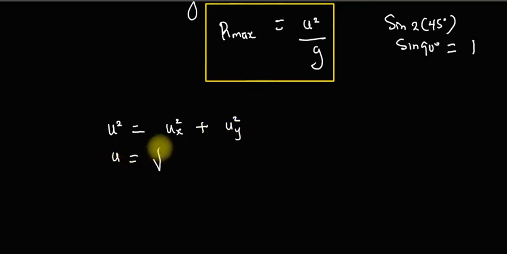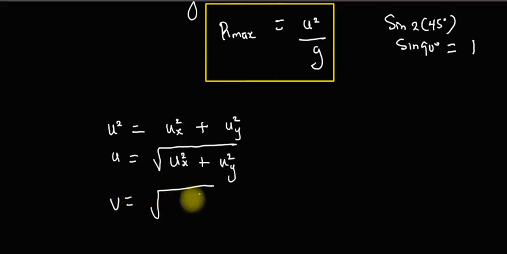So the resultant is given by the square root of the sum of ux squared plus uy squared. Similarly, the final velocity will be v is equal to the square root of vx squared plus vy squared. I don't know where you might need this formula, but just take note of this.